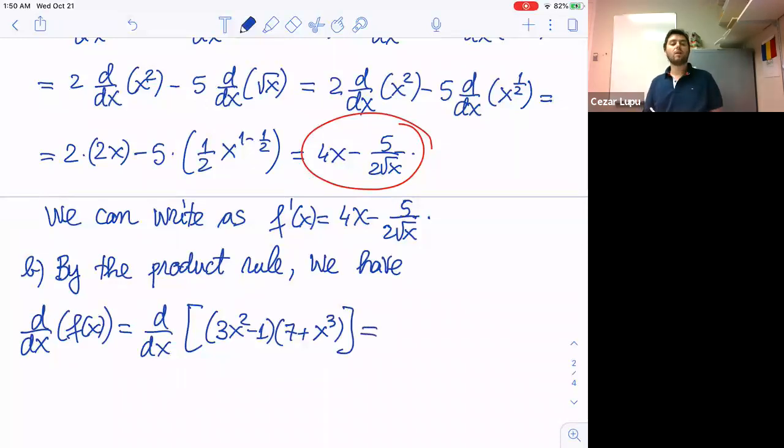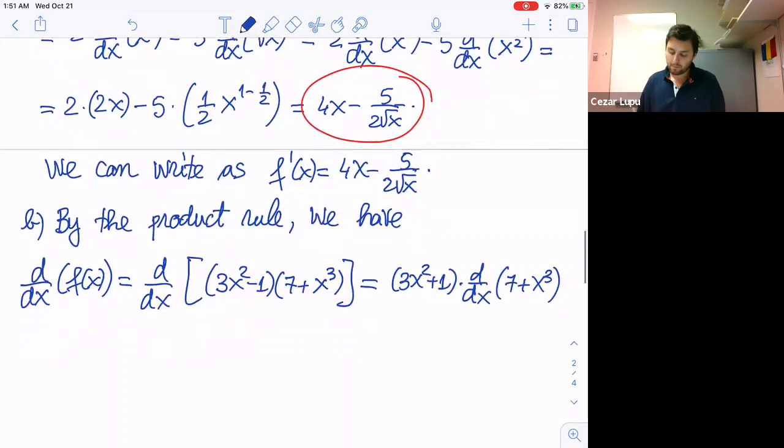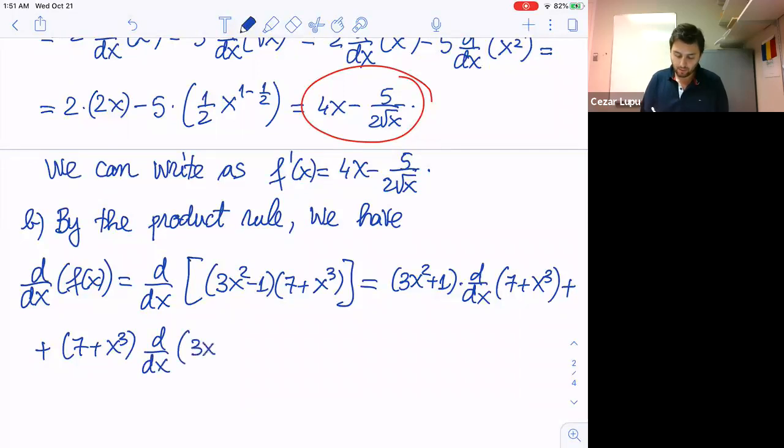And now we actually apply the product rule. And this would be nothing else than just 3x squared plus 1 times the derivative with respect to x of 7 plus x cubed, plus 7 plus x cubed times the derivative with respect to x of 3x squared plus 1.